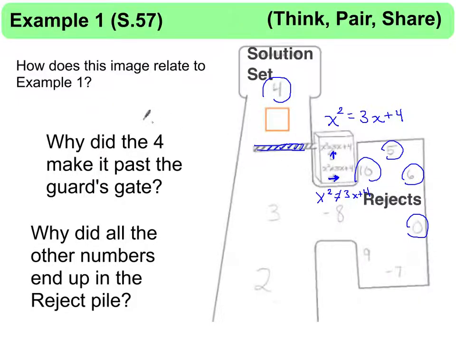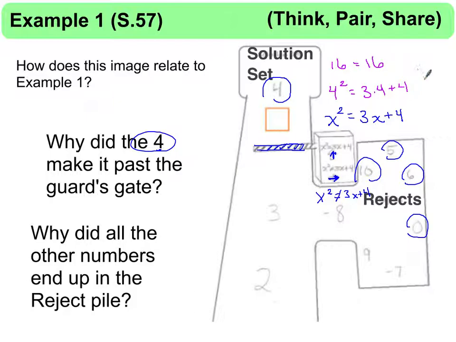So the teacher would ask, well, why did the 4 make it past the gate? And what we want the students to be able to reason and discuss with the teacher is that if I had 4 squared and I set that equal to 3 times 4 plus 4, well, 4 squared is 16. 3 times 4 is 12, and if I add 4, I get 16.